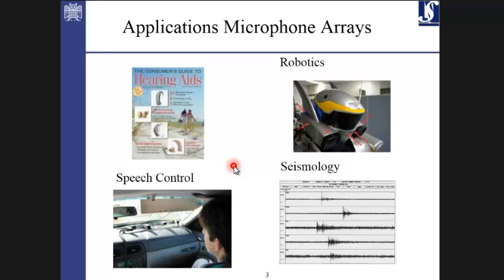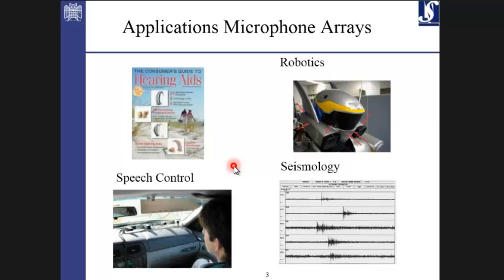Just the same as what people do using 2 ears, the robot can listen to the entire acoustic signals in that environment and then try to localize toward the person who is of interest.